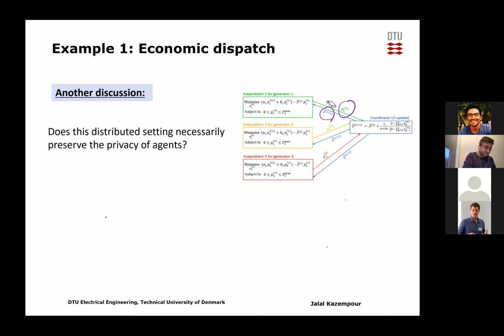But anyway, do you have any approach to make it privacy preserving? Can we augment the privacy of distributed optimization? Do you have any suggestion? How can we improve the privacy preserving property of this algorithm?